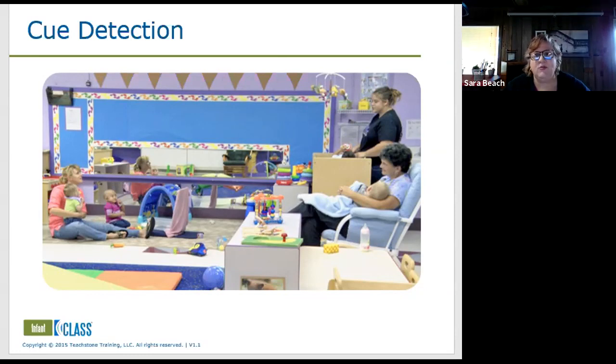What does the adult do for that baby? Do they move the baby? Do they bring the baby toys? Do they talk to the baby? Do they give that joint attention when the baby is looking at something? Do they respond sensitively if the baby cries? What that all depends on is having teachers who can hone in on the cues that the babies are giving off about what they're feeling and what they want and what they're interested in and what their needs might be.